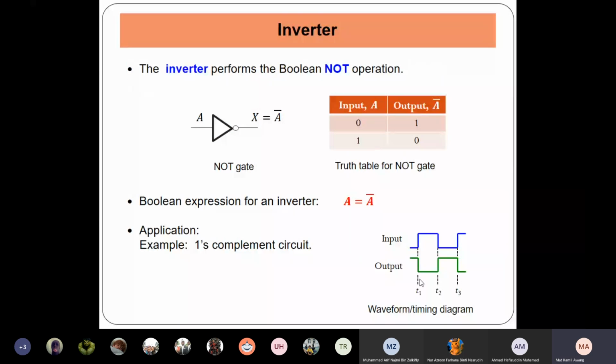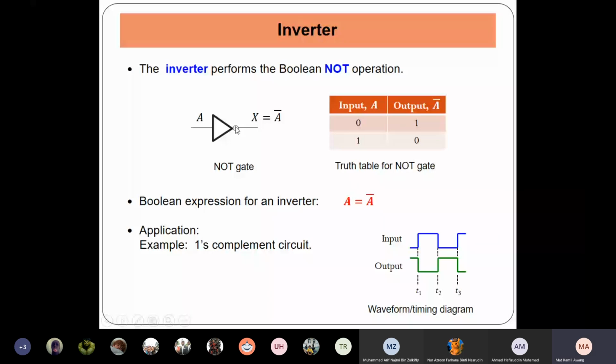So this is an inverter. The inverter performs the Boolean NOT operation. What does it mean by NOT? If it's A, then the answer is not A. It is represented by this symbol, a triangle with a circle at the end.